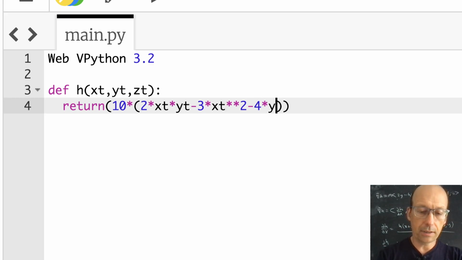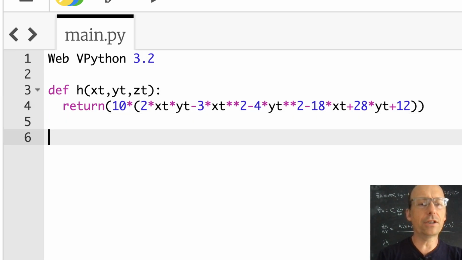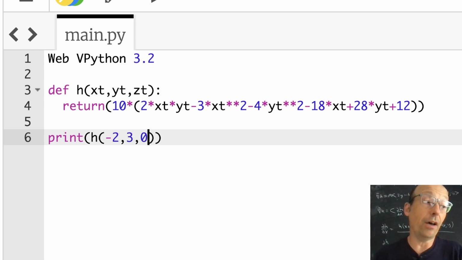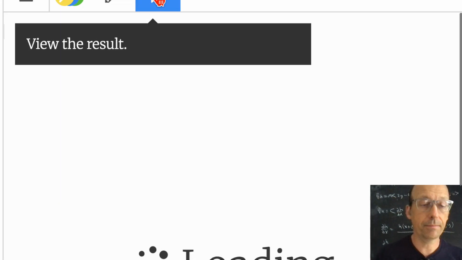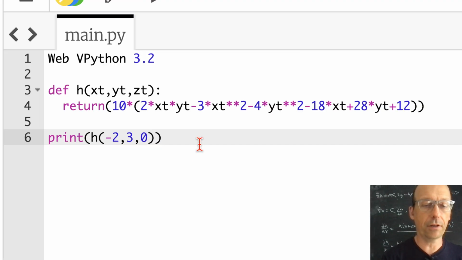Minus 4 times yt squared minus 18 times xt plus 28 times yt plus 12. So we can just go over here and then say print h of -2, 3, 0. That was our point anyway, just to see if it works. And so that's the highest point, 720 units, whatever units they had. Okay, so it looks like it's working.